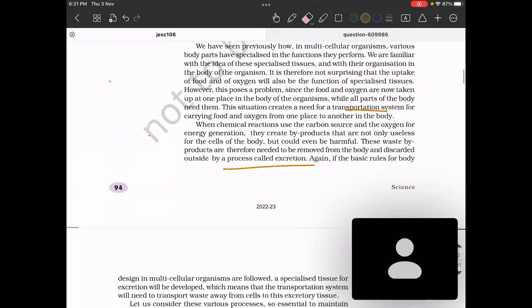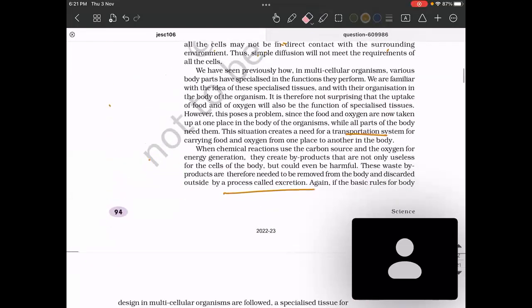And then now, the importance of the transportation system. What type of transport system do we have? Maybe I can give you a choice: do we have an open or a closed transport system? Closed.